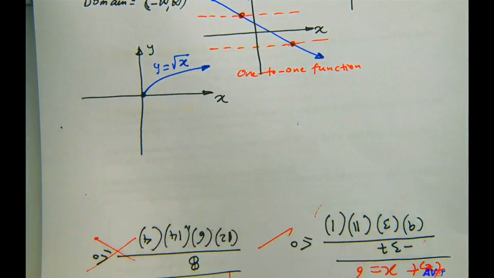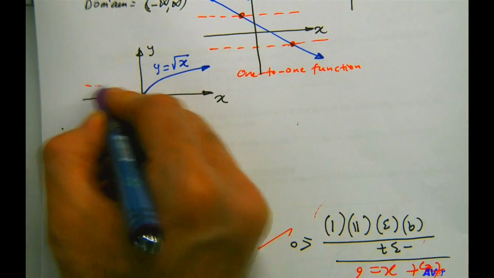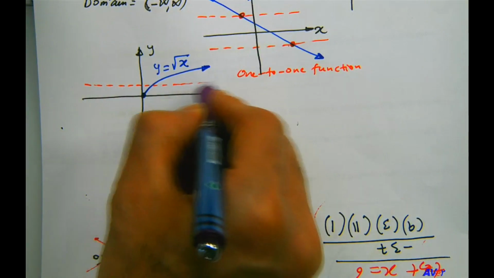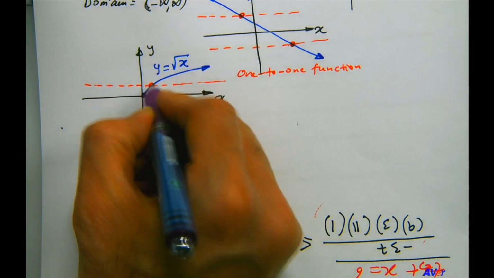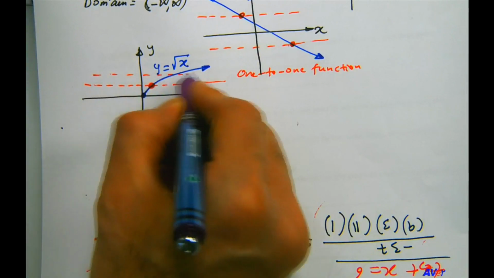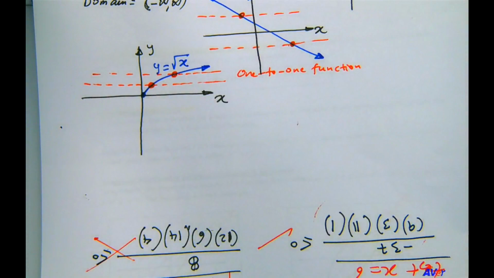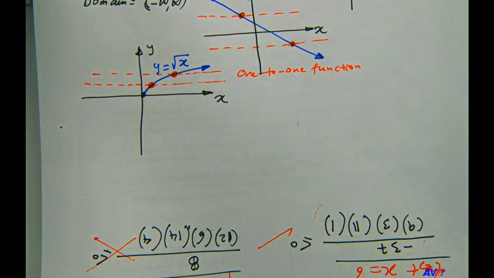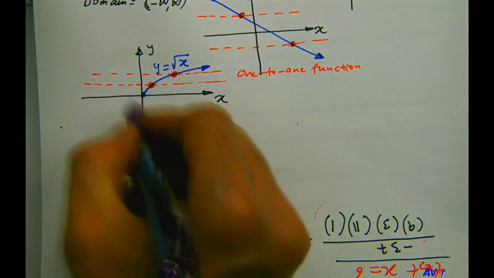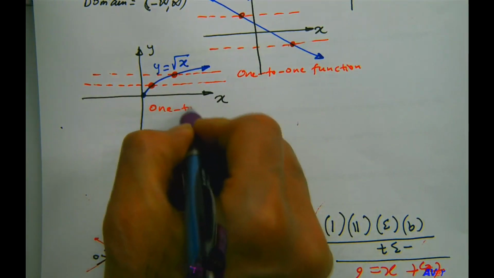Is it one-to-one? Yes, it'll pass the horizontal line test with flying colors. We can draw a horizontal line anywhere and it'll cross the graph of the square root function at only one point. So the square root function is also a one-to-one function.